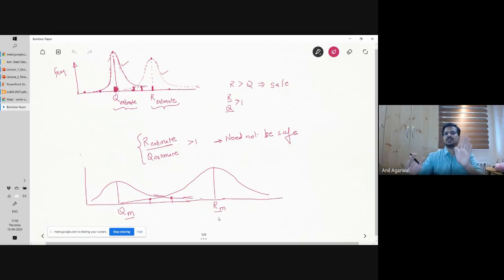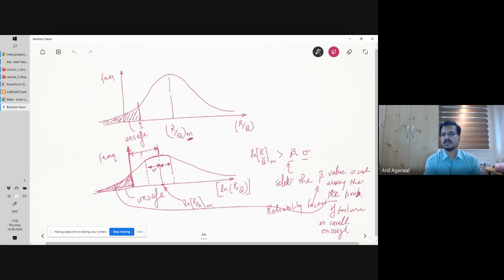Q median I cannot change, but R median I can push, right? So I can design the structure to be stronger, or I can put more material, and basically the gap between R median and Q median is your factor of safety. This gap is your factor of safety. So I need to increase my factor of safety in such a way that I can achieve the desired beta value. Is that clear?